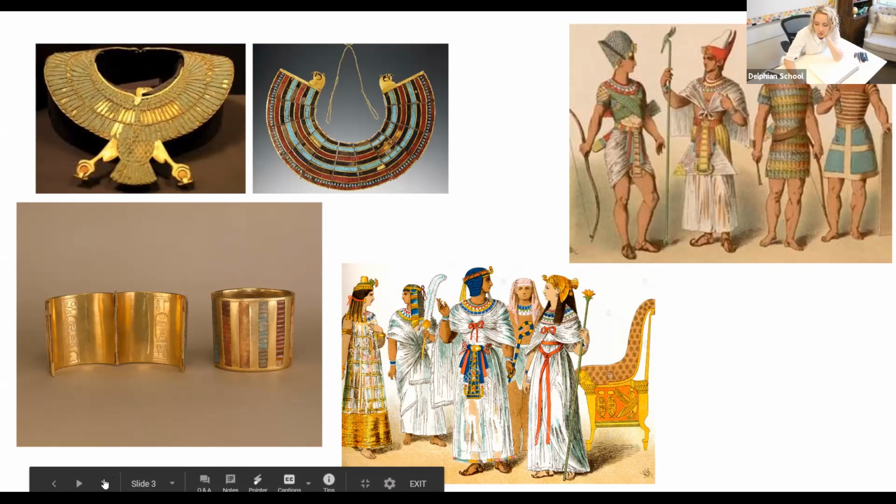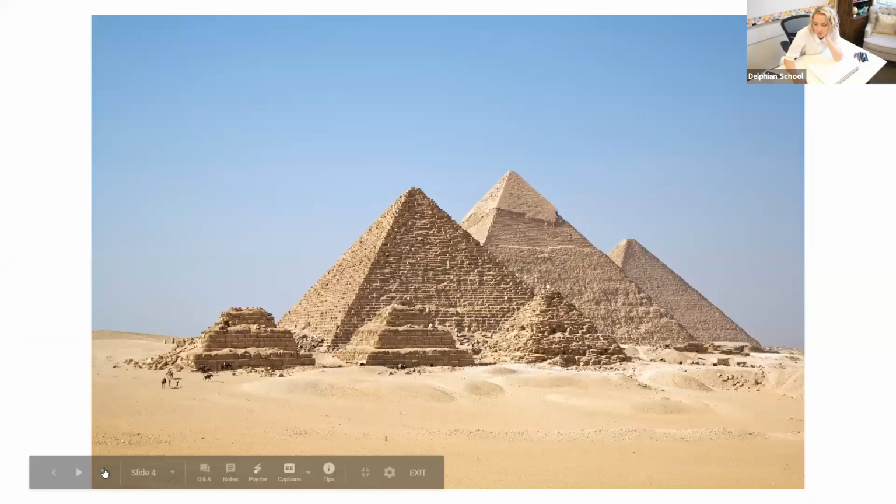And so it was really important to them to bury the pharaohs in really epic graves. And so they built these pyramids, and these pyramids are huge. And there's like one little tunnel in there, and it kind of goes to a few rooms, and this is what they were buried under.